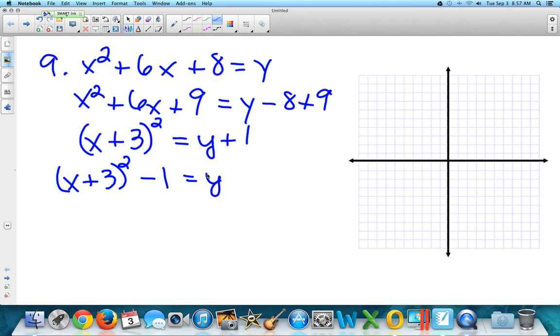And now I'm ready to graph. The reason we would put this in this form, this is called vertex form. From it, you can tell your vertex by looking at this number and this number.